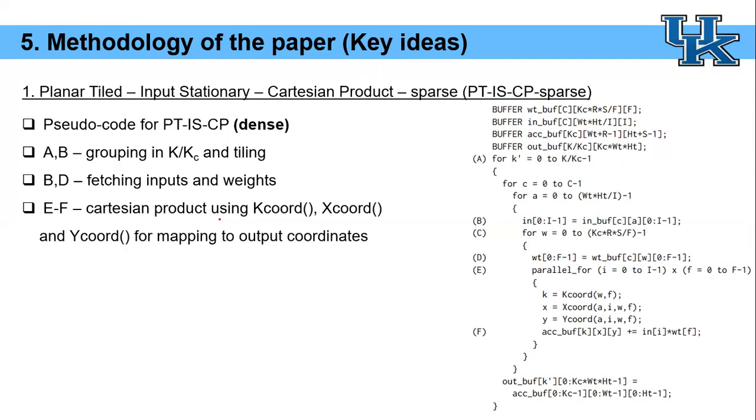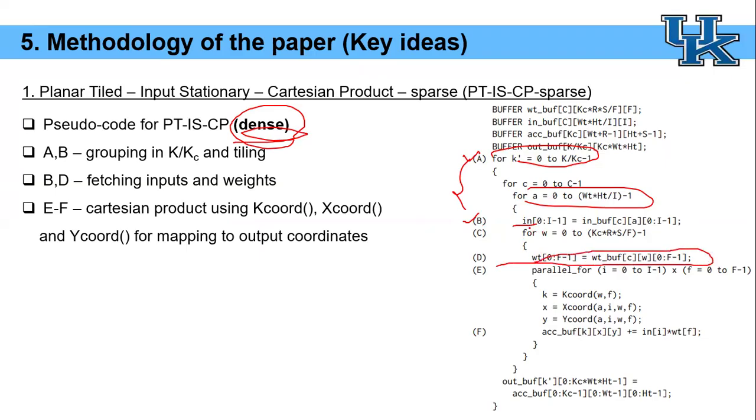And then this is the pseudocode for obviously the dense part. Now this is not for the sparse part. So we have this A and the B, right? So what the loop does is that this is for the grouping, and this is for the tiling, and this is B, and this is obviously D, right? So this is for buffering or taking the data from the buffer, the inputs and the weights. And this is the part of the Cartesian product.